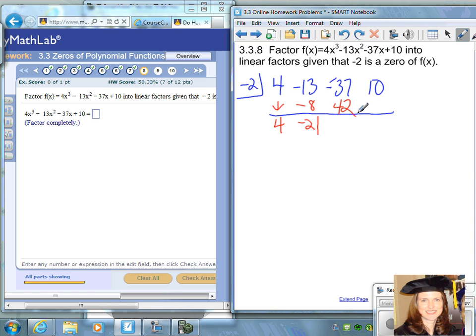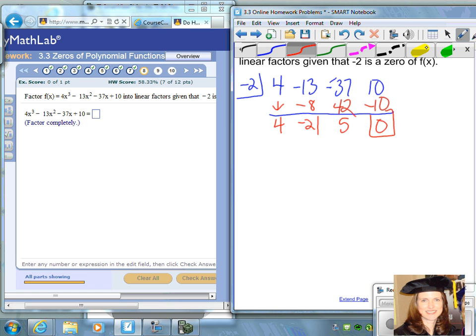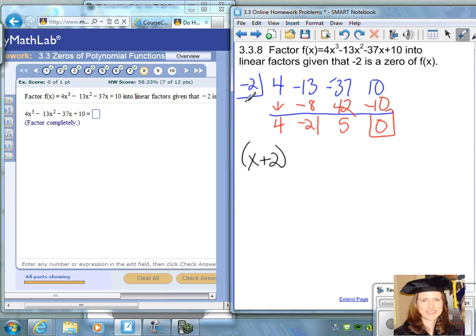Negative 37 plus 42 is 5. 5 times negative 2 is negative 10. And 10 and negative 10 is a remainder of 0. So we know that one of the factors of this polynomial is x plus 2. Again, a negative 2 in the box corresponds to a factor of x plus 2.